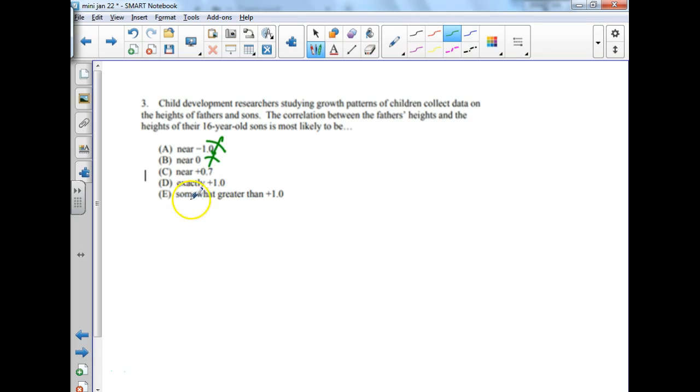If I look at E, somewhat greater than 1.0, since we're using correlation, we know that the range is always between -1 and 1. So somewhat greater than that is not a feasible answer. Exactly 1, we know that there is nothing in nature that is going to be perfect. So that eliminates it.